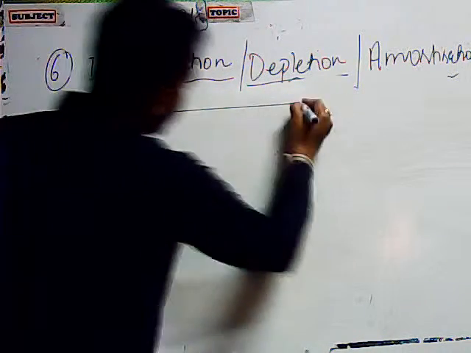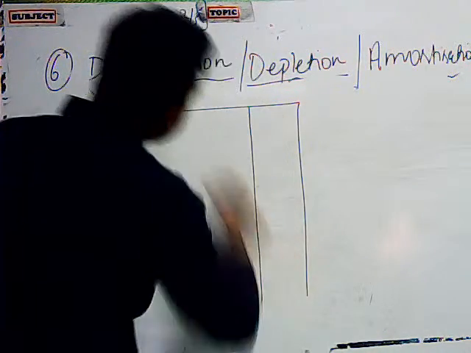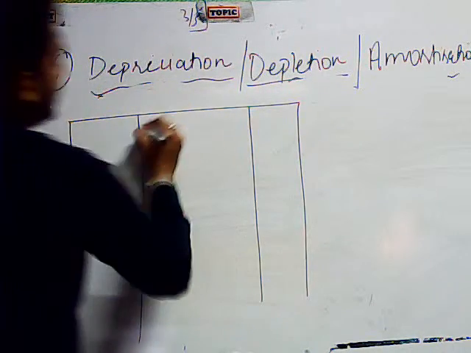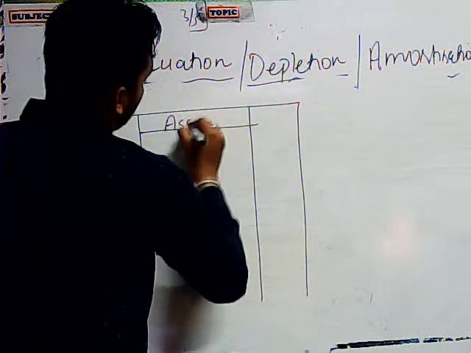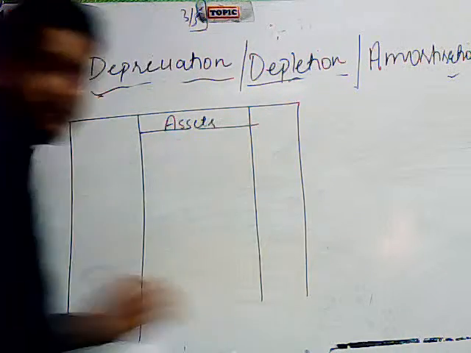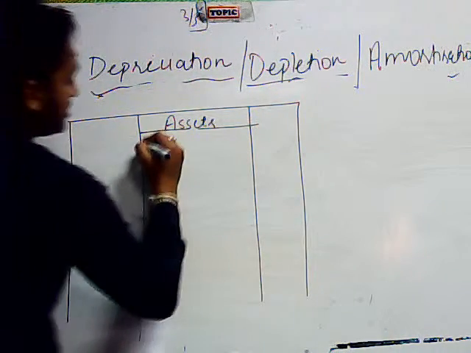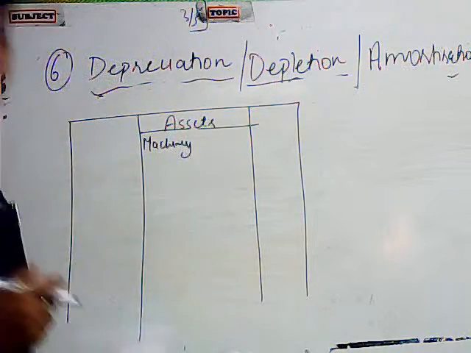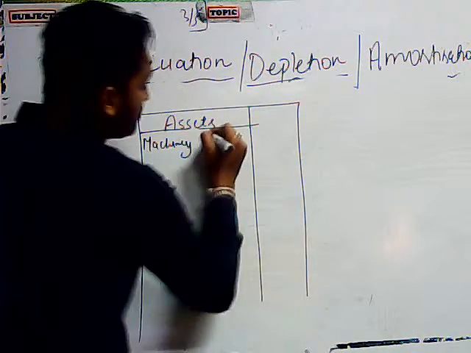As we know, the asset side is where we write down the value of machinery. Let's suppose the value of machinery is 1 lakh rupees.